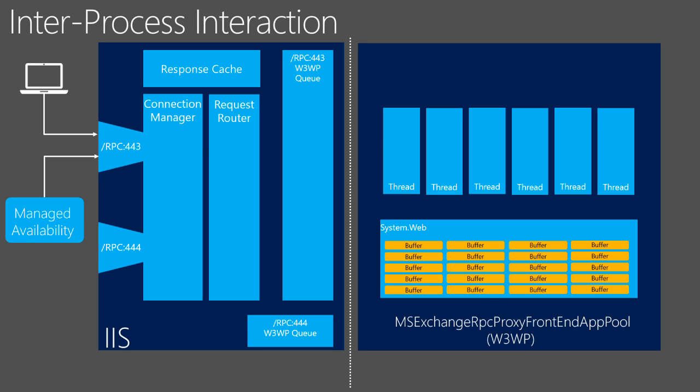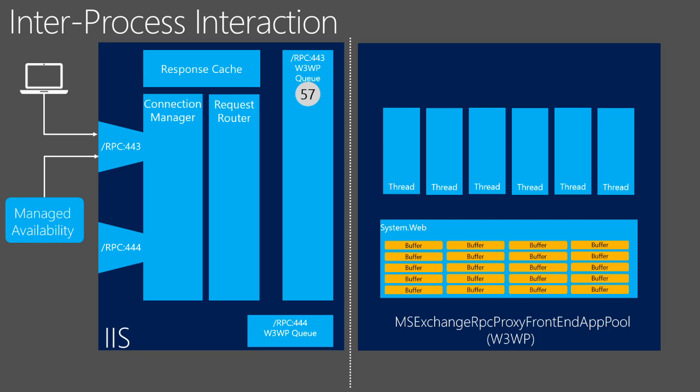So once again, we have a connection come in. At the IIS level, that connection arrives at the RPC endpoint. And there's a component inside IIS called Connection Manager. All it does is accept the inbound connection. And then there's a component inside IIS called Request Router.